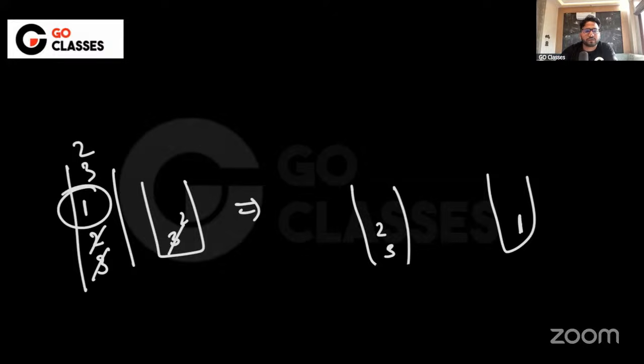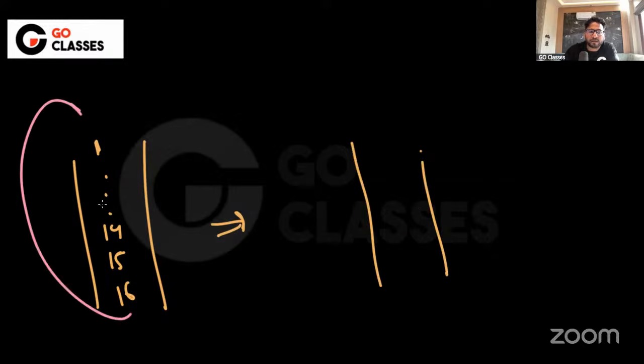So if you are having it in the reverse order, in the sense this is 16, 15, 14, and ultimately you are having 1, then let's not worry about the stack. You are going here and then again going here. So let's not get confused. For the sake of simplicity, you can say that the queue will look like this. 16 will be here, after 16, 15 will be here, then 14 will be here.